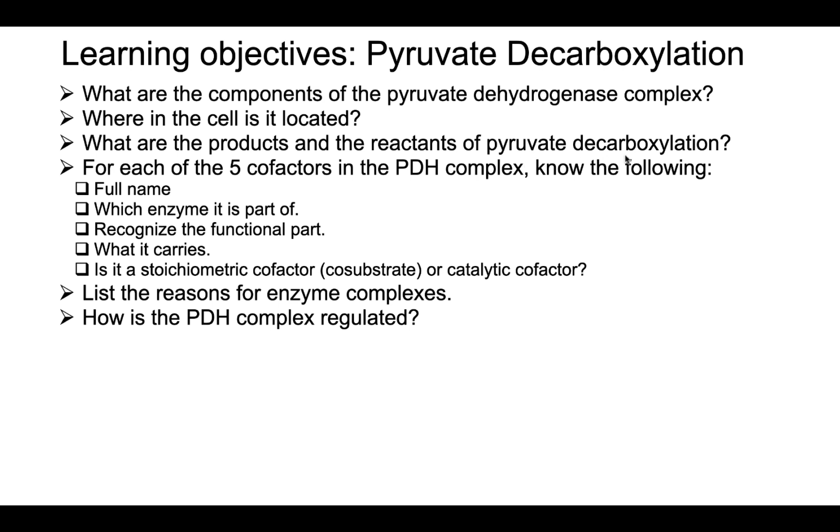And then for each of the 5 cofactors in the PDH complex, make sure you know the full name, which enzyme they're part of, recognize their functional part, and recognize the structure, what that functional part carries, and whether it's a stoichiometric or a catalytic cofactor. List the reasons why there are enzyme complexes and how the PDH complex is regulated.